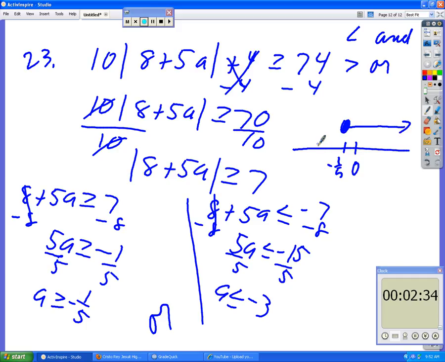Negative 3, which is over here. Circle, filled in. Line goes to the left. What's my answer? The whole graph. Remember, if it's an or, anything that has one line over is an answer. All of this is an answer, and everything from here that way is an answer.